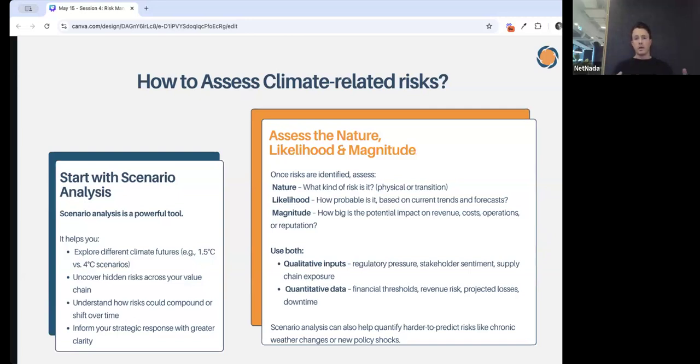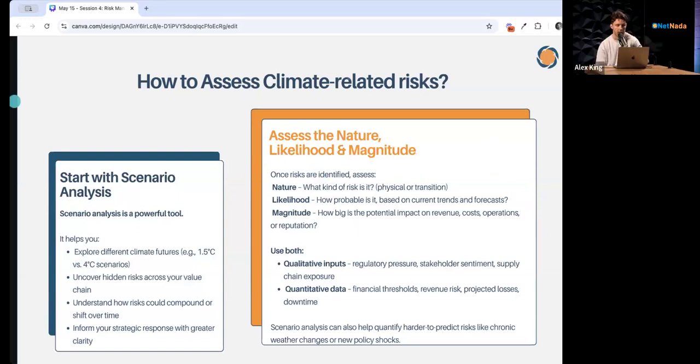So taking away from this, what I want us thinking about is what's the nature of the risk, what's the likelihood of the risk, and what's going to be the magnitude of the impact of that risk or those risks, plural. Yeah, and I think this slide really answers some of the questions we had earlier. So it's a good one to take into consideration here.